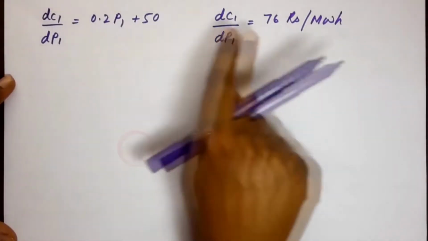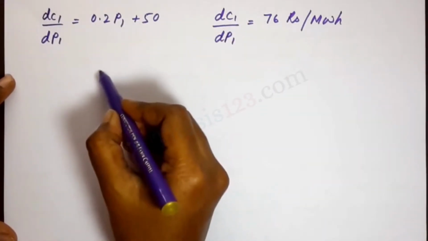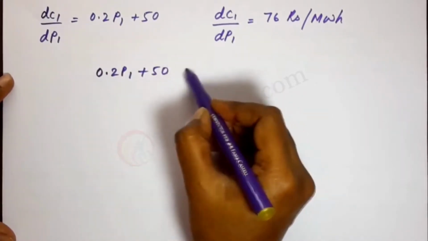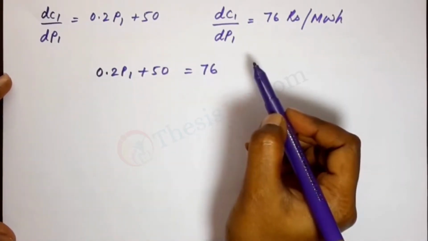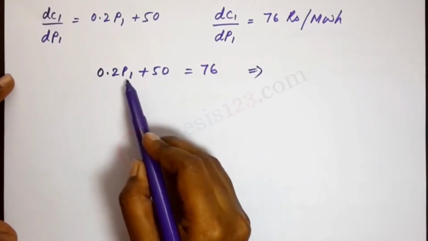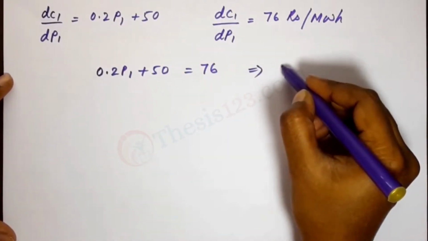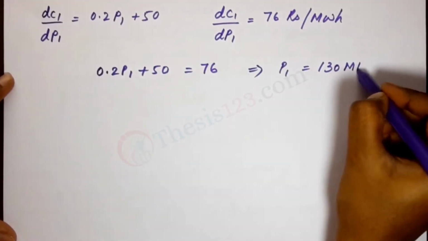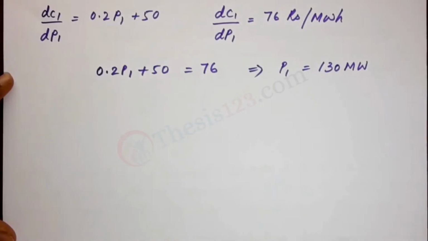Now we can equate both these values. 0.2 P1 plus 50 equals 76. Solving this, we can find out what P1 is. Once you solve, you should get a value of P1 equal to 130 megawatts.